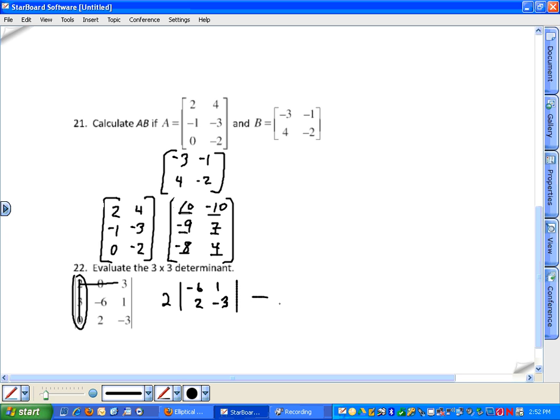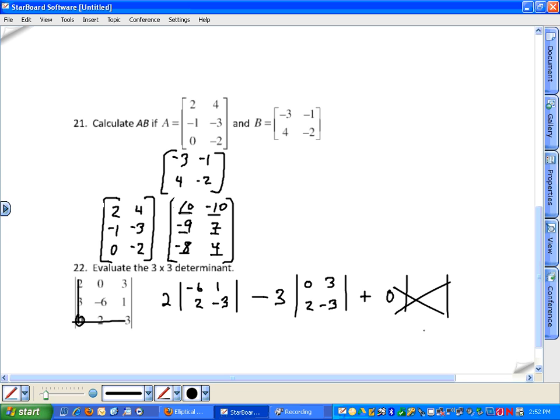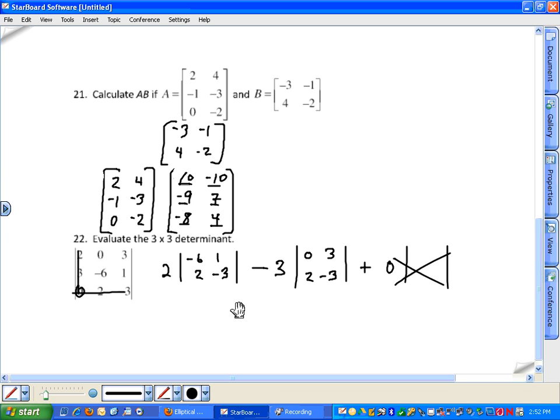When we subtract, if we use this 3 as a cofactor and cross out the row and column, that's going to leave a minor of 0, 3, 2, -3. And then we have to add, if we use 0 as a cofactor, it actually doesn't matter what the minor is, because 0 times anything is just going to be 0, so we don't have to bother with that one.